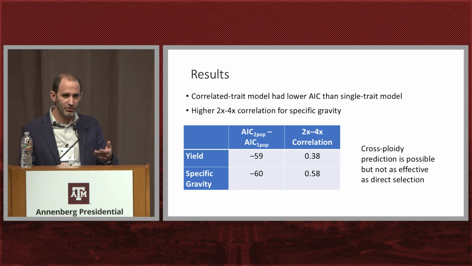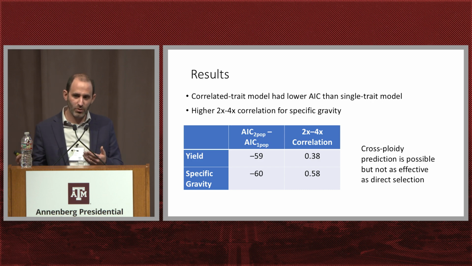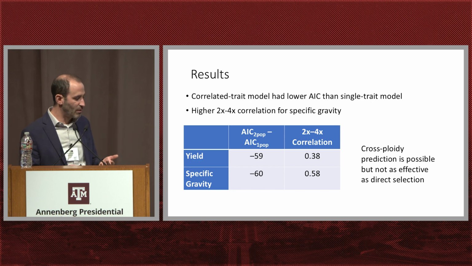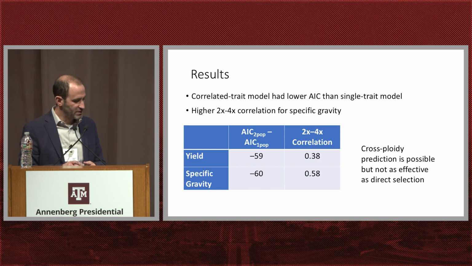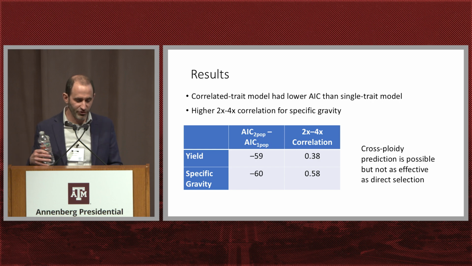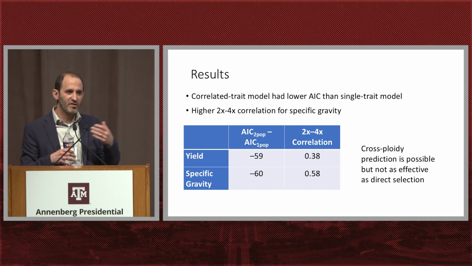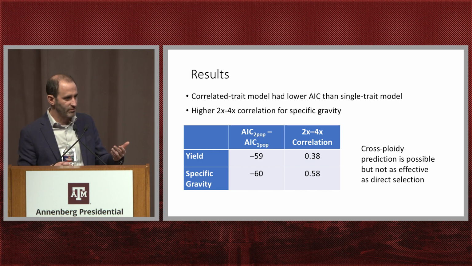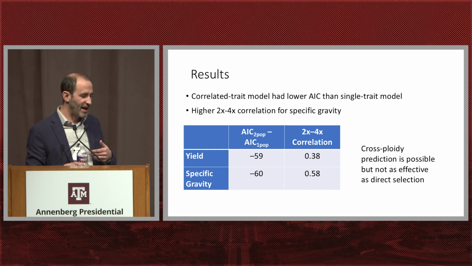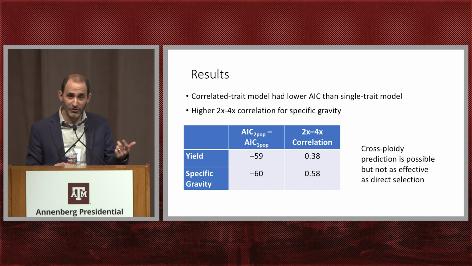For yield, the genetic correlation was about 0.4 between the diploids and the tetraploids versus about 0.6 for specific gravity. So the upshot here is that from these correlations, we can say that cross-ploidy prediction is possible, but it's never going to be as good as direct selection, right? Indirect selection has to have a higher heritability in order to be more efficient than direct selection.